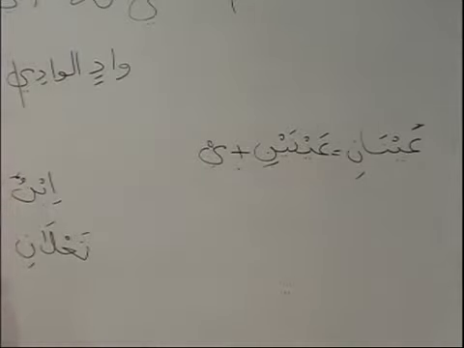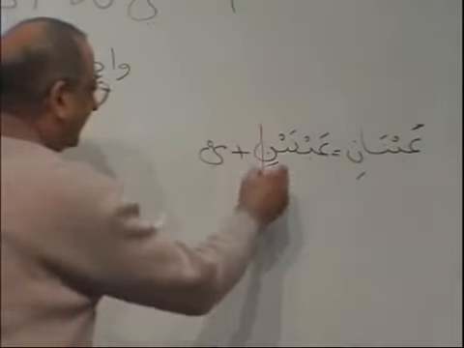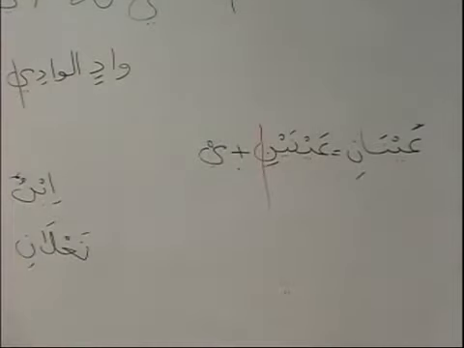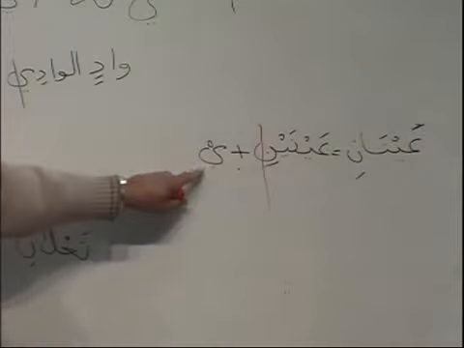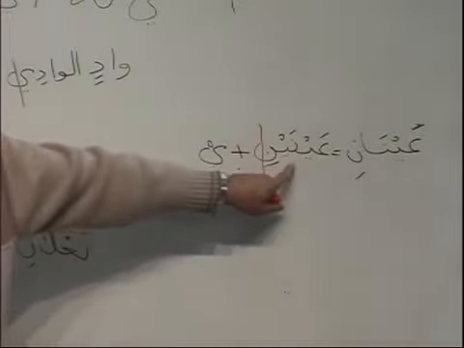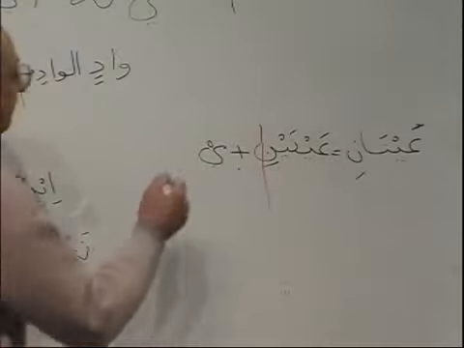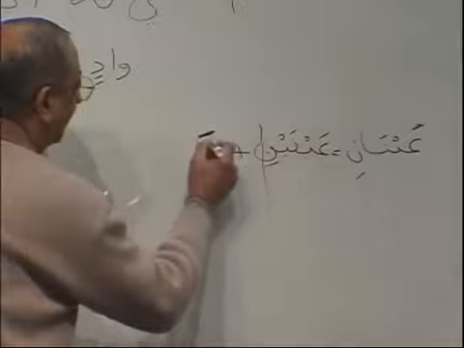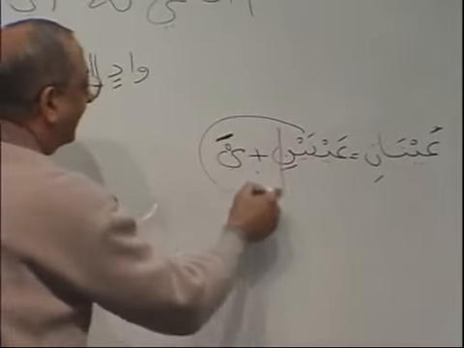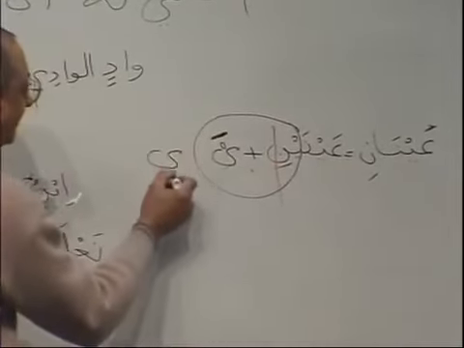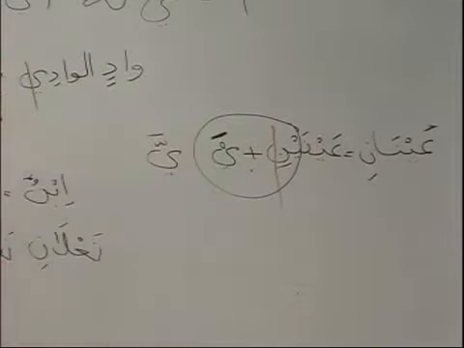Brother Hassan, what shall I do now? I've made it mudaf. I chop, one chop. Noon is gone. So what is the result now? Noon is gone and I have ya with sukoon and ya with sukoon here. First I give a fatah, and then it will turn into ya with a shadda.